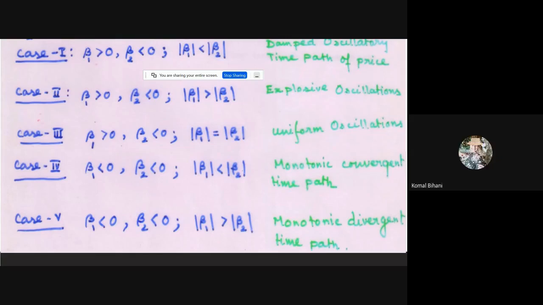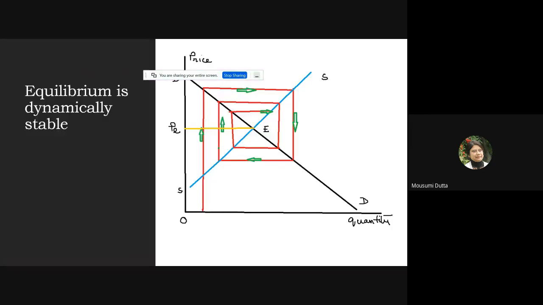Beta 2 is the slope of the demand curve. Along with this, please write down modulus of beta 1 is less than modulus of beta 2. So please write down this condition: beta 1 less than 0, beta 2 less than 0, mod beta 1 less than mod beta 2.